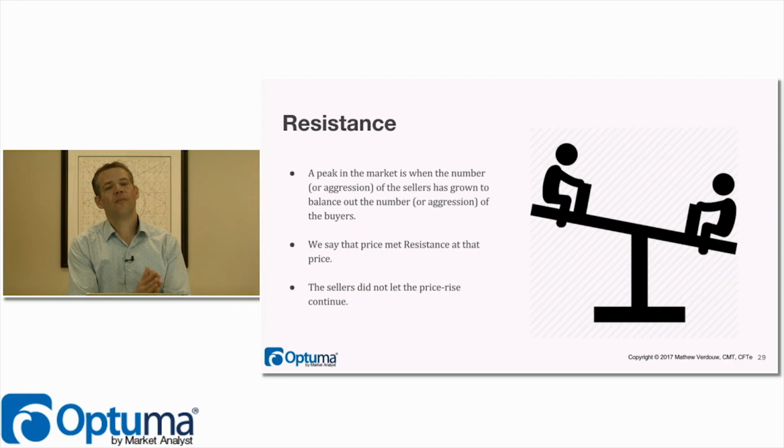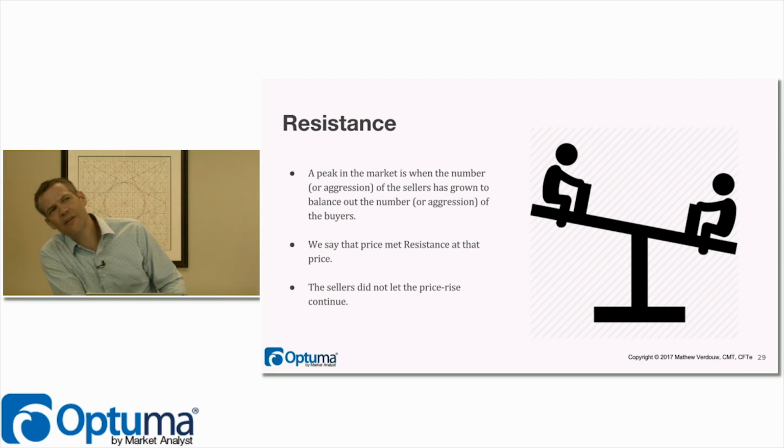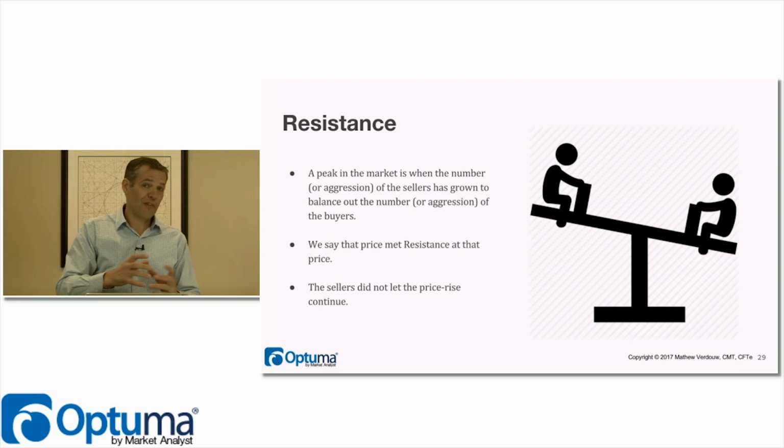So resistance is basically a peak in the market where the number, or the aggression, if you like, of sellers has grown to balance the number or aggression of buyers. If I've got a lot of buyers, or really big buyers, pushing the market up and there's not many sellers, then the price is going to go up.